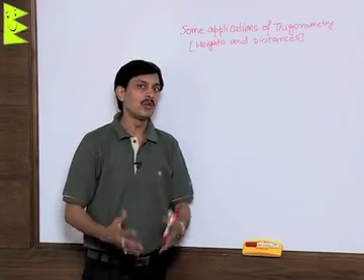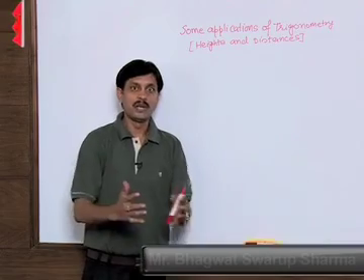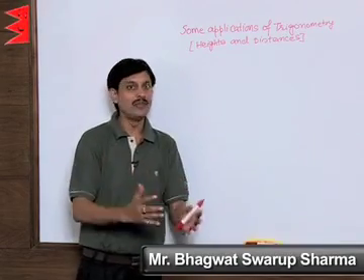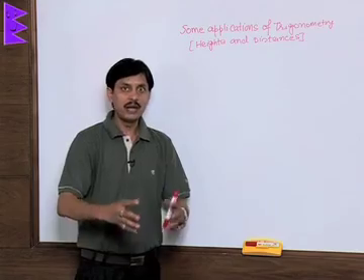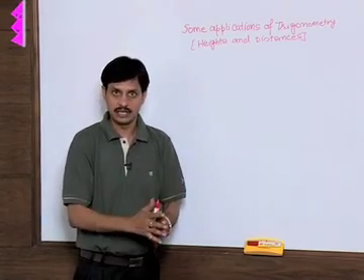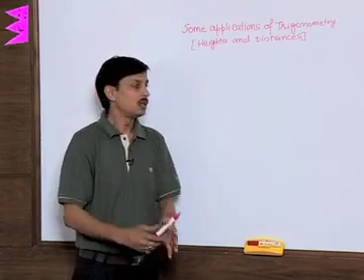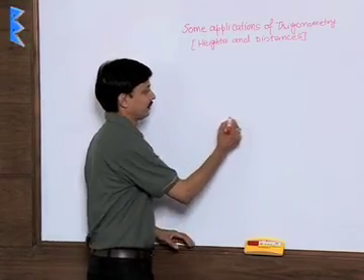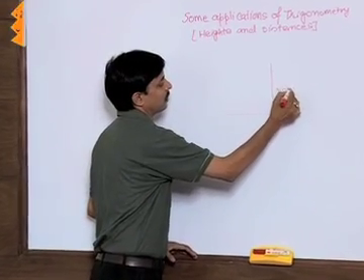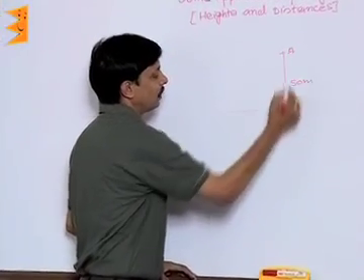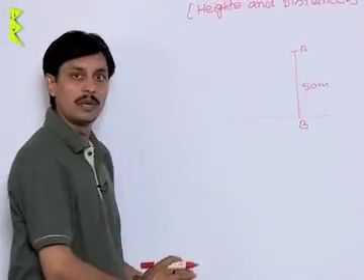Now I am taking one more situation where we will use angles of elevation and depression. We will use the trigonometric table, and it is a very interesting example. Suppose there is a tower of height 50 meters. Suppose AB, its height, is 50 meters.